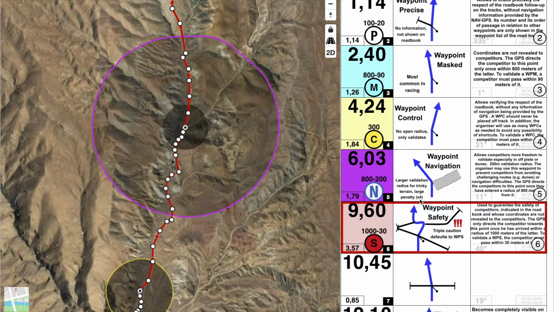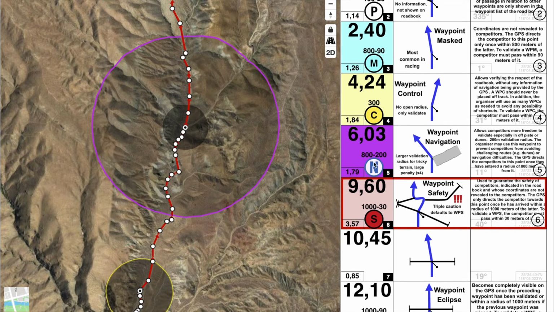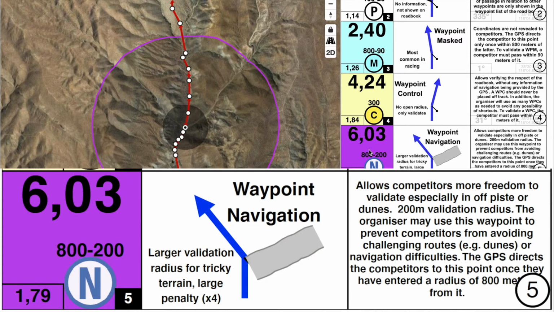That is 4 times more than missing a WPM, and that is because the organizer puts these waypoints in tricky situations or places where it would be tricky to get the waypoint, or where the terrain is difficult. So it's very important to focus on a WPN if you ever see one, because you do not want to miss that.